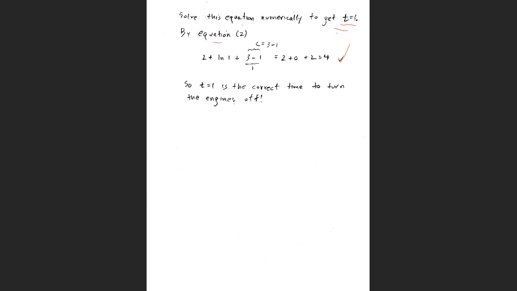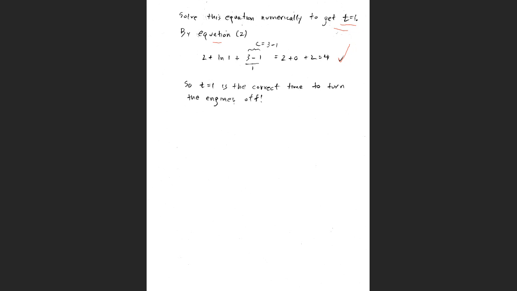All three equations have to be satisfied for this to work. And if c equals 2 and t equals 1, all three equations are satisfied. We utilized the first and third equation already, and then we found the value t equals 1 and c equals 2.